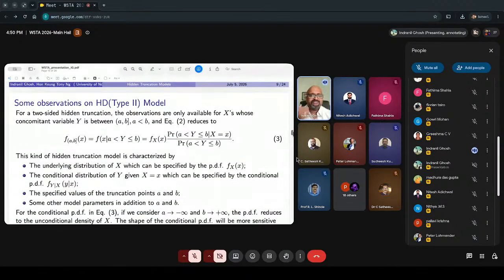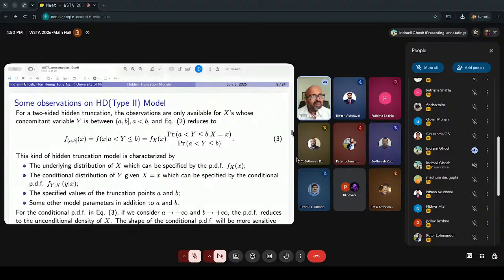Now, as I was saying earlier, these types of models are characterized by 4 different characteristics: the underlying distribution of x, the conditional distribution of y given x, the specific values of the truncation points, and some other model parameters in addition to a and b.